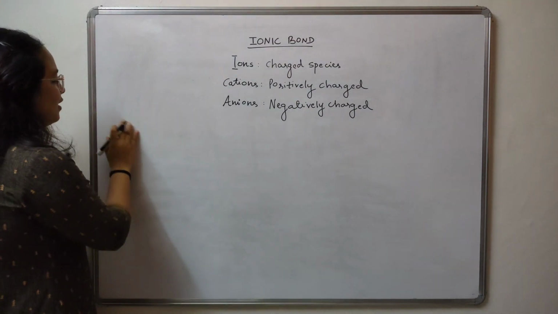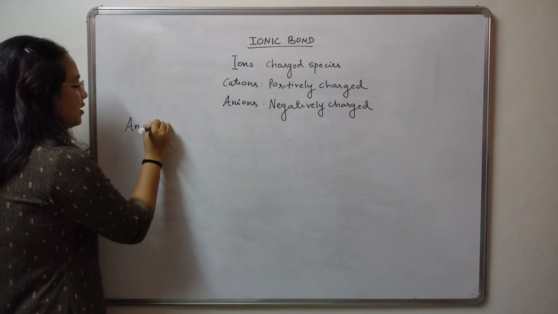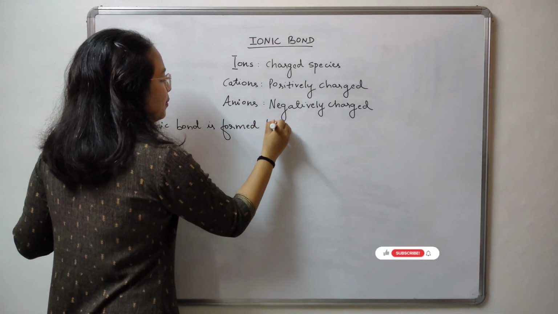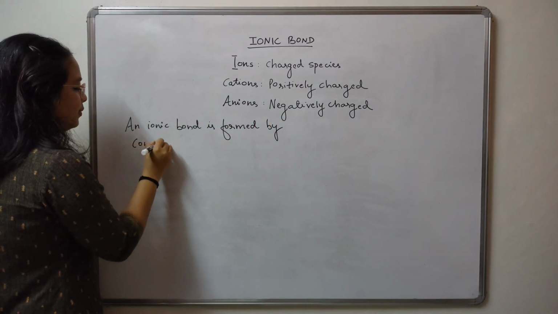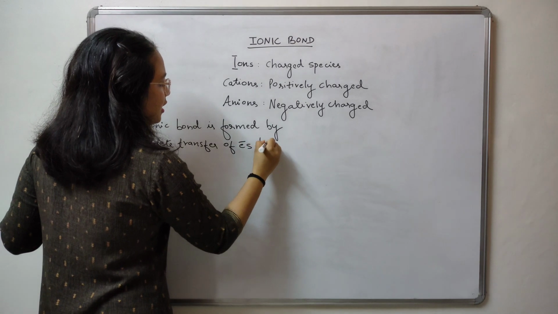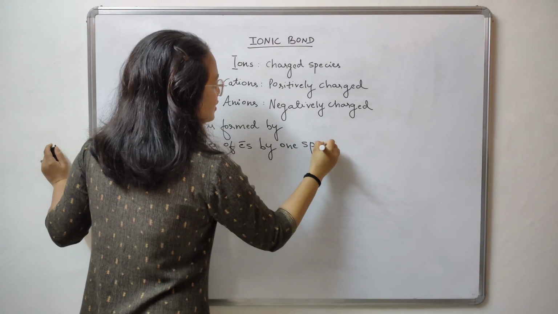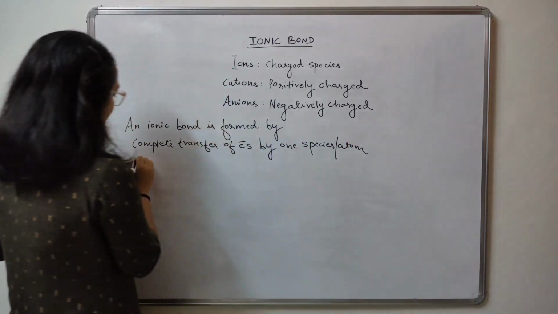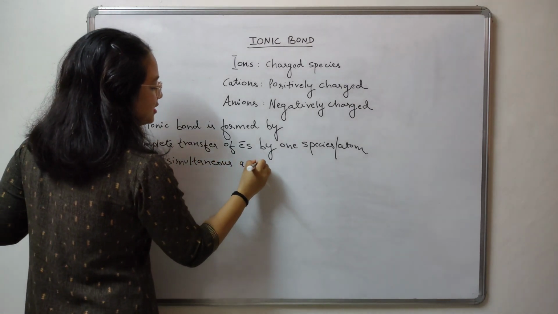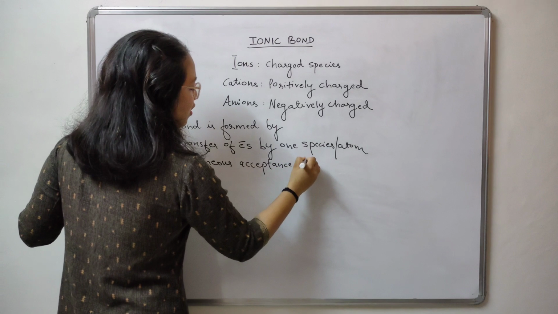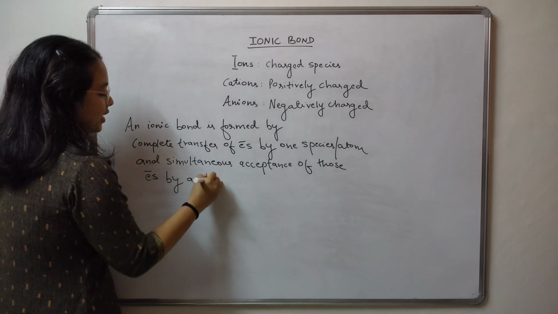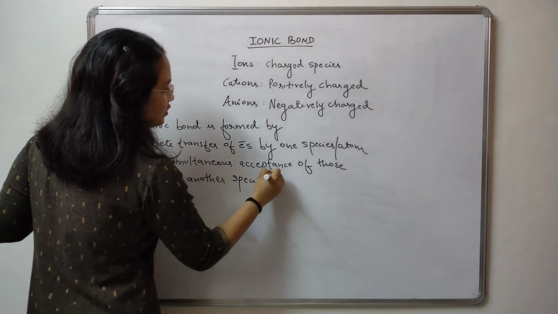Let me put down the definition first. An ionic bond is formed by complete transfer of electrons by one species, or you can say by one atom, and simultaneous acceptance of those electrons by another species or atom.